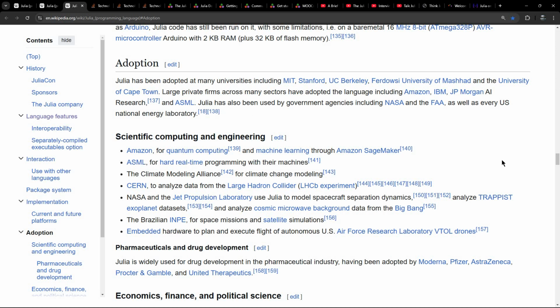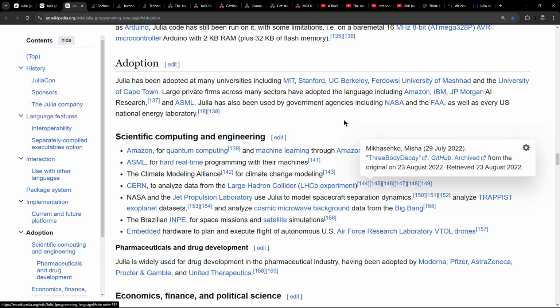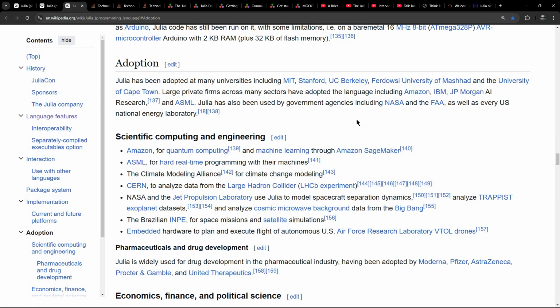So here Julia's been used by NASA, FAA, and then we've got Amazon for quantum computing and machine learning, CERN, climate modelling. So if you know a little bit about data science and what sort of things are done, you can probably see why certain organisations which process and analyse a lot of data might be using something like Julia.